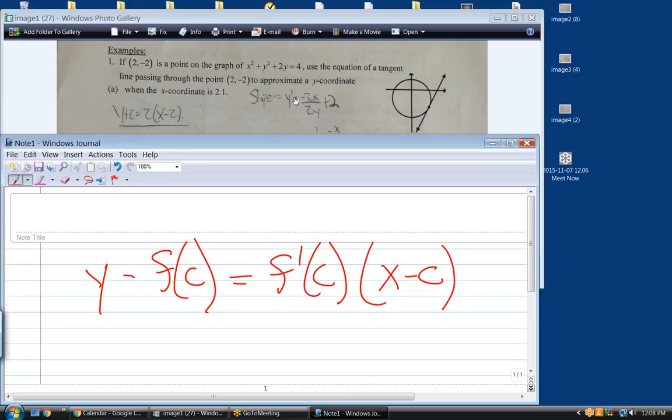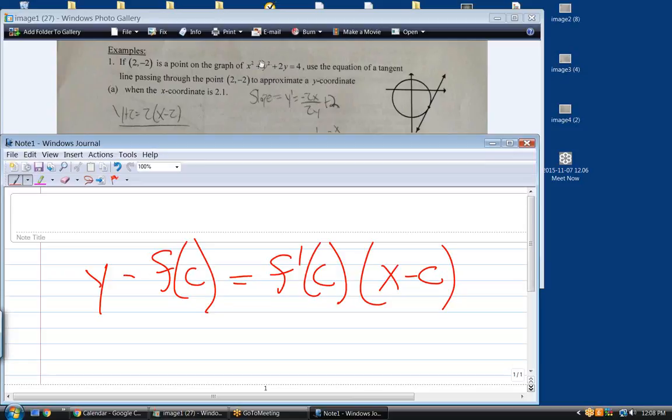Well, if I evaluate that at x equal minus 2, what do I get? F prime of c. Well, that's f prime, and we had to get this by implicitly differentiating. In other words, there's no way to explicitly differentiate that. You'd have to solve it for y first.